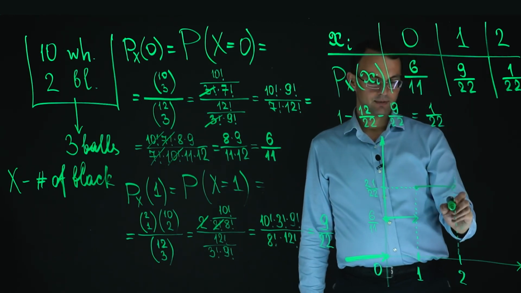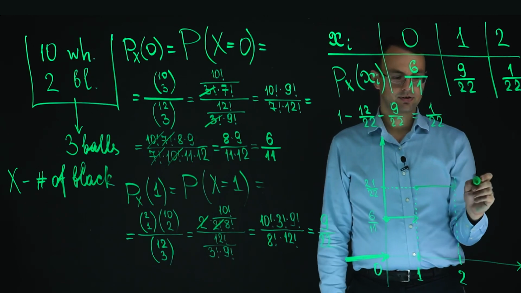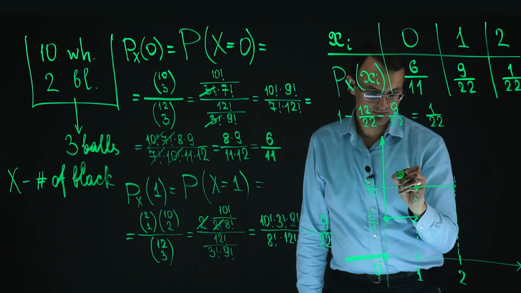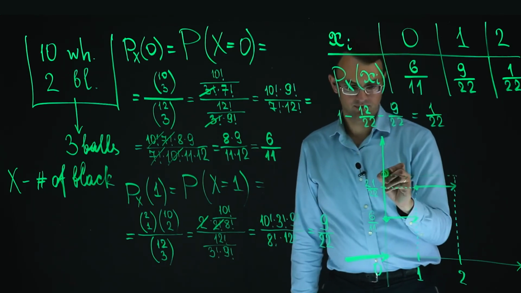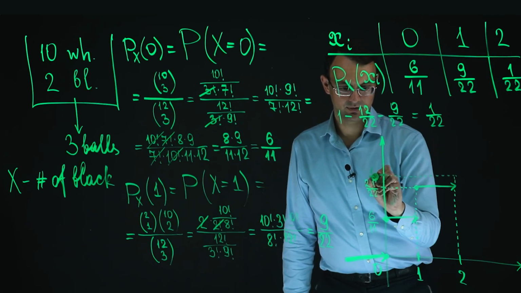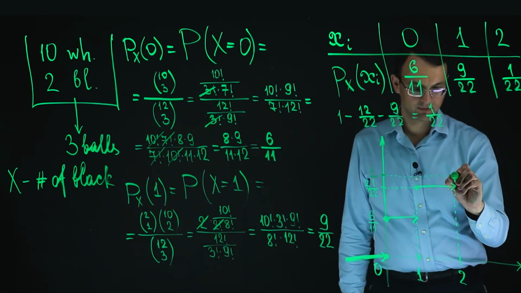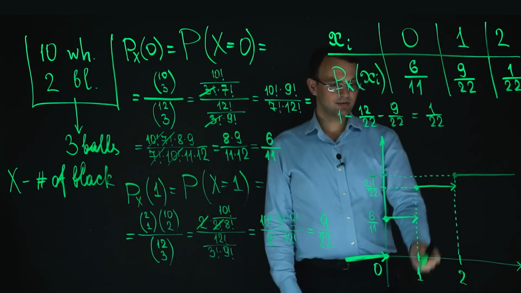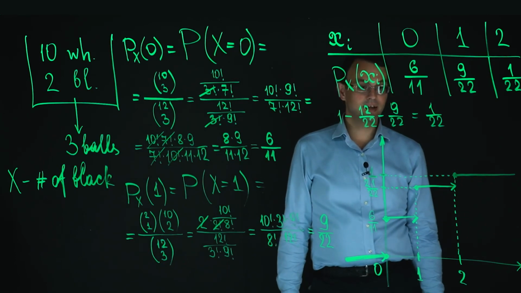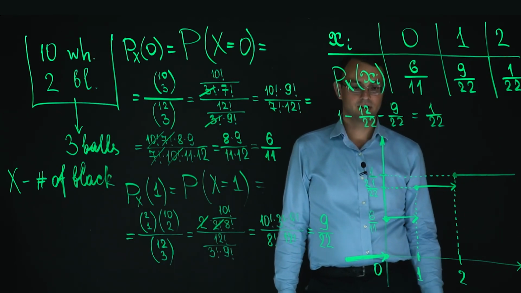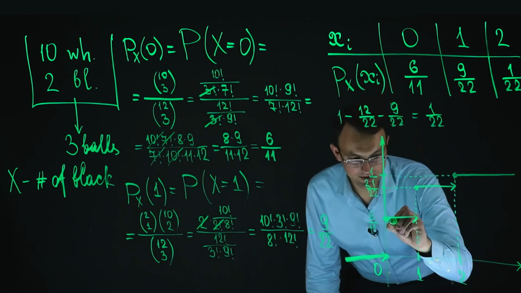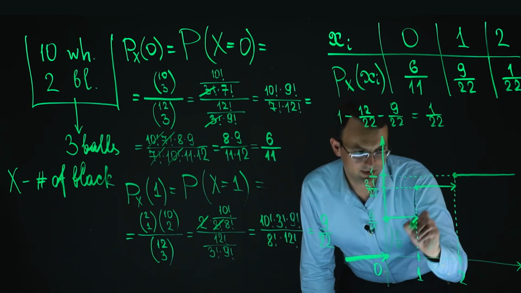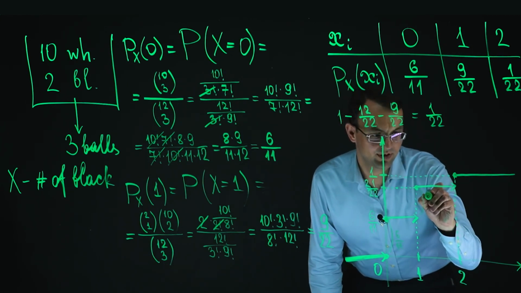And here it has the third stair, and its height is 1/22. So the value of the function is 1. And so this is how the CDF looks in this case. The height of each stair is equal to the probability of this value.